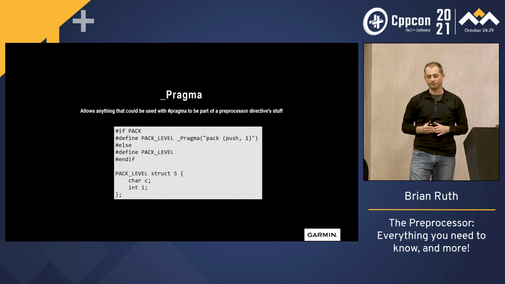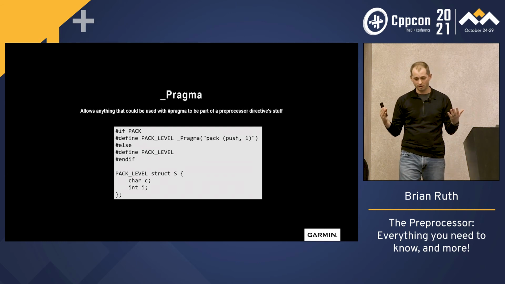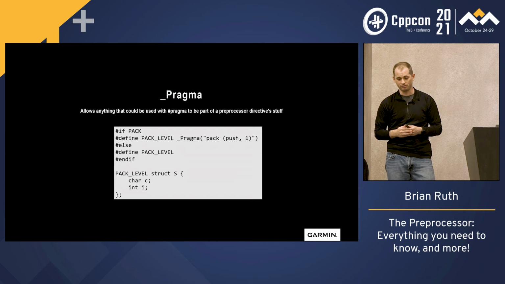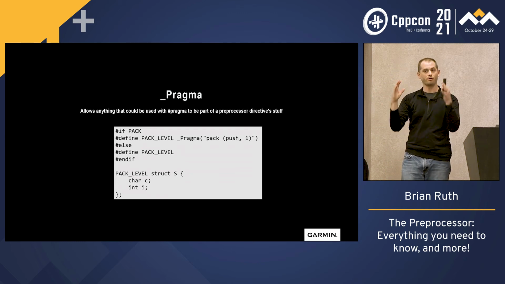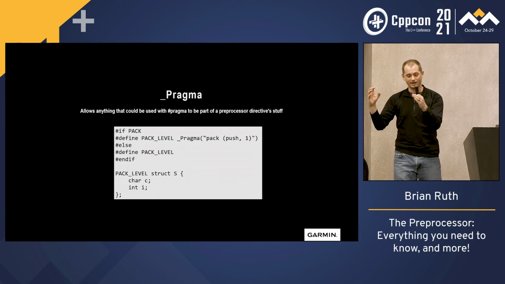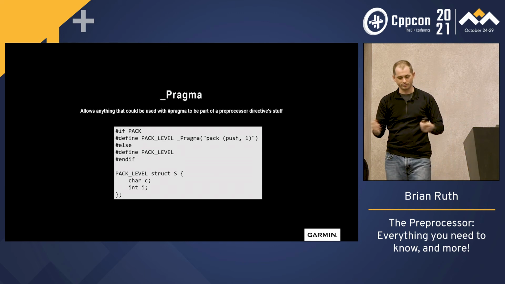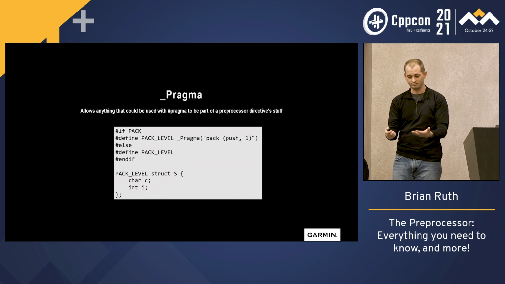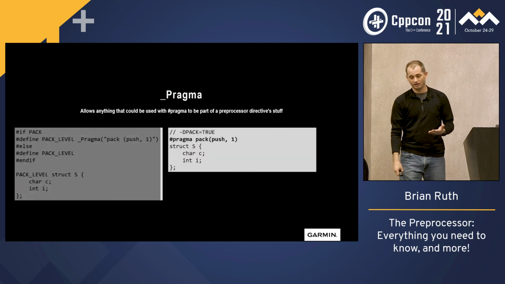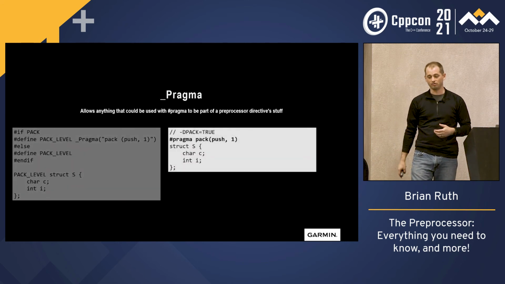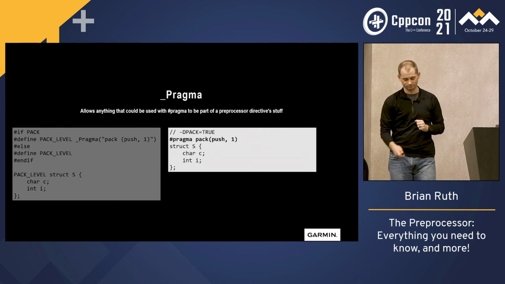So here, if we want to pack our struct, we can say pack level is underscore pragma pack push. So now we're actually defining a pragma in another object-like macro. Otherwise we're doing nothing. Basically, that pack level gets replaced with our pragma pack push.